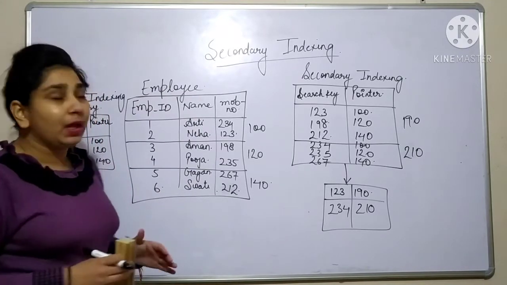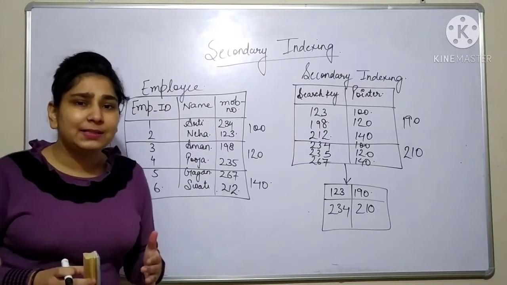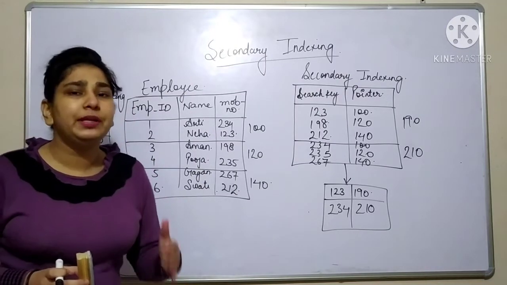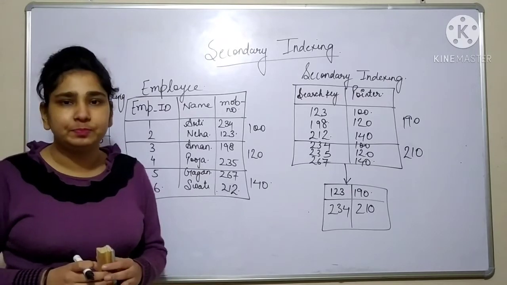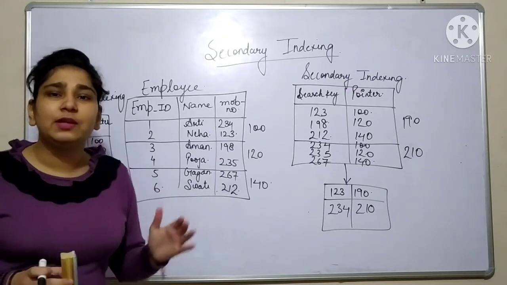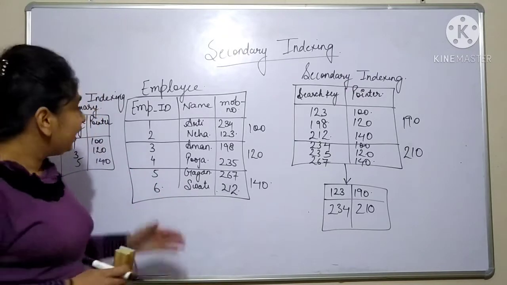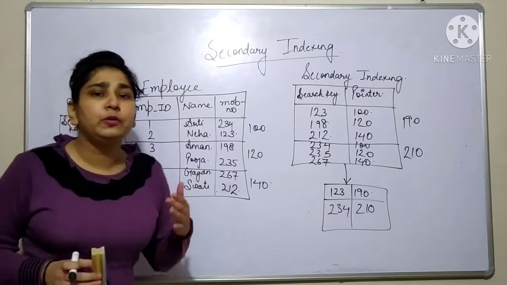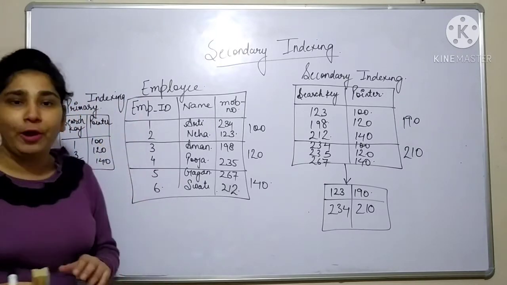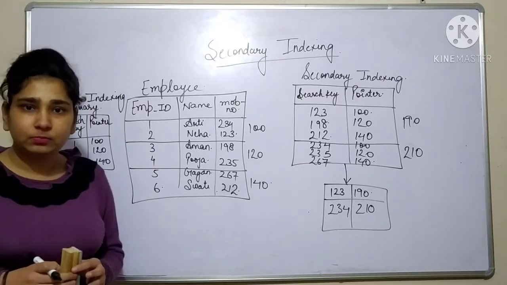So what is the purpose of indexing? The purpose of indexing is we want to reduce the searching time. The user is going to give you some query. If the user says I want to fetch the employee detail of employee ID 3.